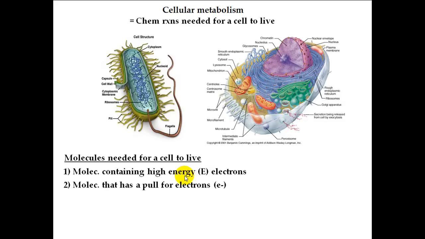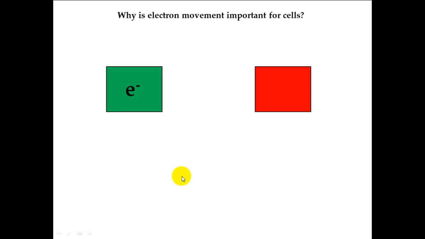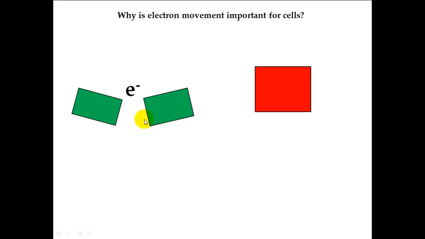Well, if you remember, the molecule that most cells use in order to power all of their activities is a molecule called ATP. And most cells make most of their ATP through the movement of electrons. So here's what we mean by that. In order to make ATP, most cells take an electron from some molecule that has high energy electrons, and they break it down so that that electron can move towards some molecule that has a pull for that electron.